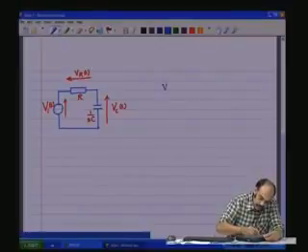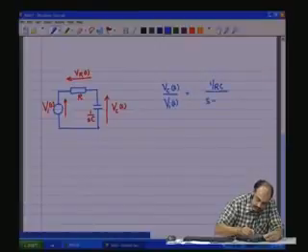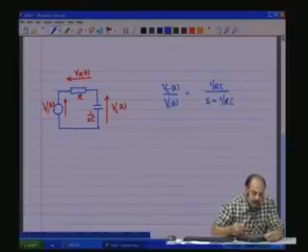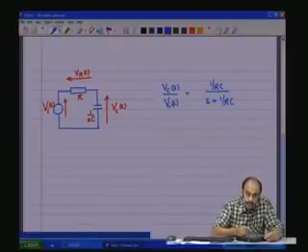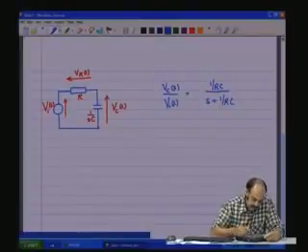So, we saw that we had Vc(s) by Vi(s) equals 1 by RC by S plus 1 by RC. Here the numerator does not contain the S terms, which means there are no zeros. The denominator contains one order of S, that is S to the power of 1. So, there is only one pole, and that pole is at S equal to minus 1 by RC. This we saw in the last class.